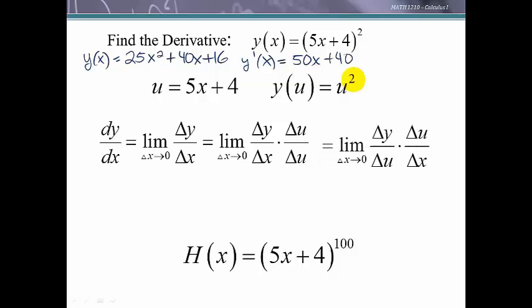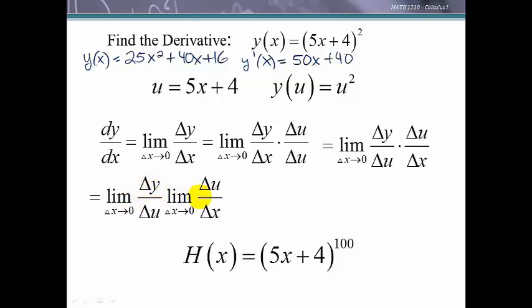Now we could express these little changes in x and u. We can just reorder those, and then we have the limit of a product, so we could write that as a product of the two limits.